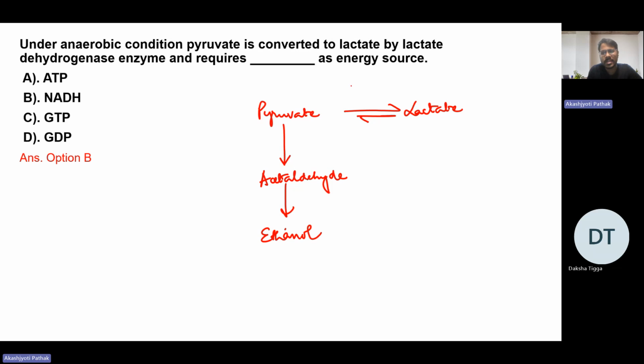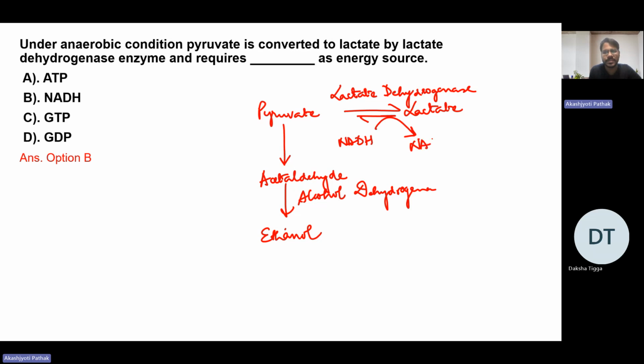this is catalyzed by lactate dehydrogenase, and this is catalyzed by alcohol dehydrogenase. So in both of these steps, what is happening? The NADH that is produced is again getting oxidized to NAD plus.